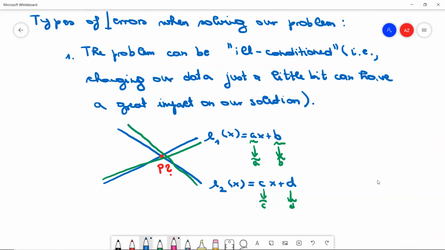And the new intersection is this point, P tilde. From the picture, we see that the intersection didn't move a lot, so the change in the intersection is relatively small. So this problem is not ill-conditioned. This is a well-conditioned problem, because if we change our data just a little bit, then the solution also changes relatively little.